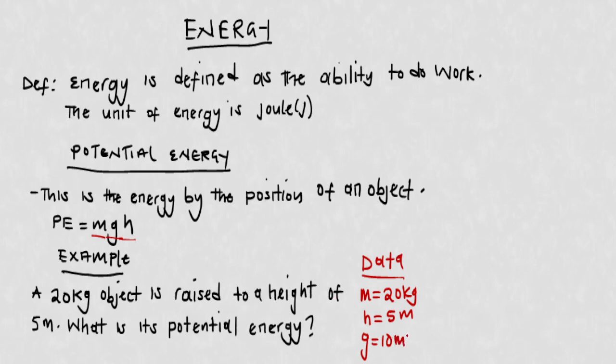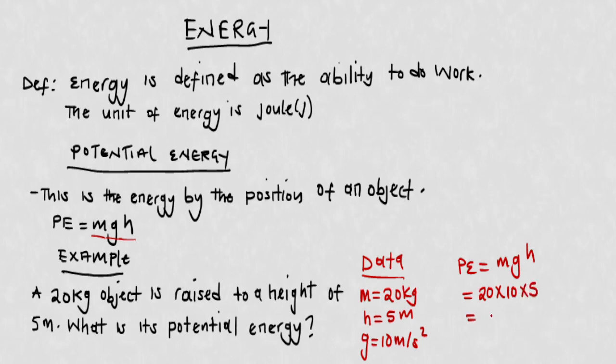Okay, then how do we find potential energy? Potential energy is given by mgh. The mass is 20, acceleration due to gravity is 10, then the height is 5.